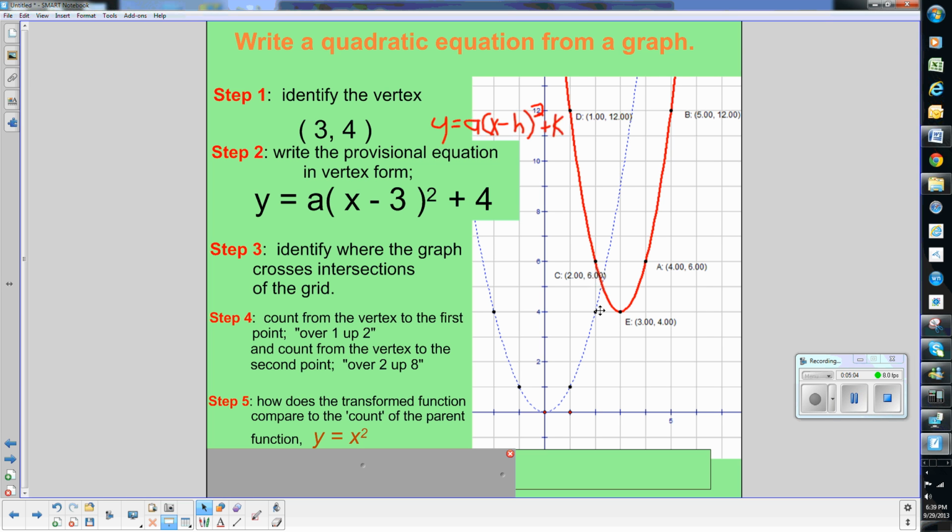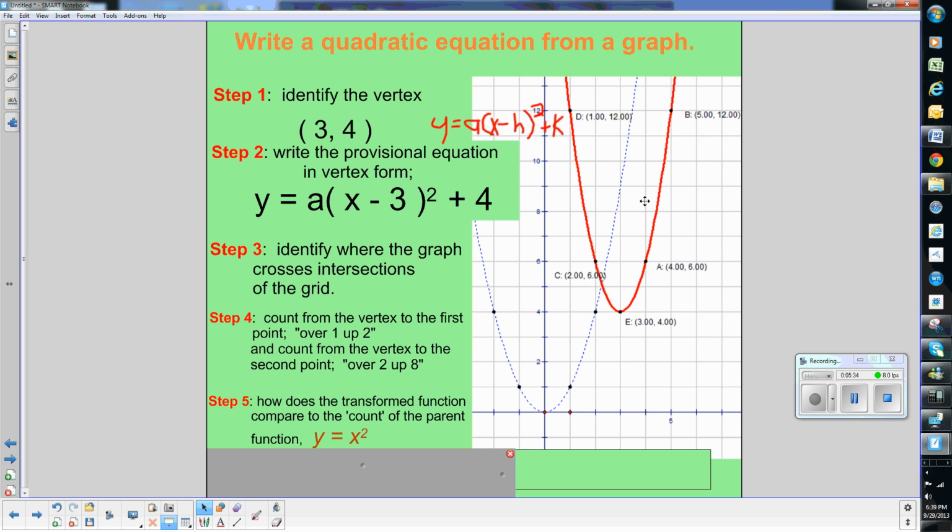So this one, the transformed function, is going up twice as fast as the parent. The parent goes over 1, up 1. This function goes over 1, up 2. The parent function goes over 2, up 4. And this function goes over 2 and up 8.